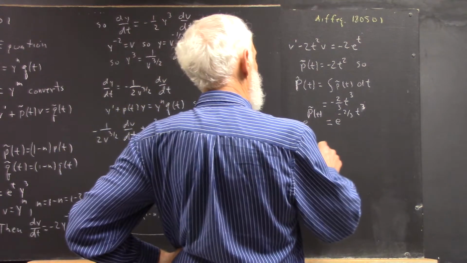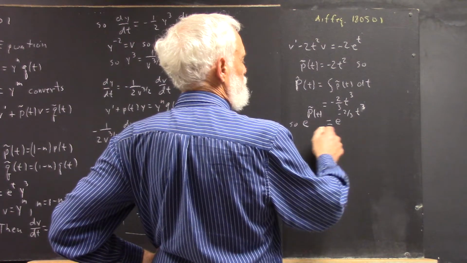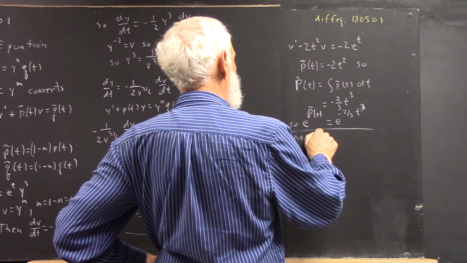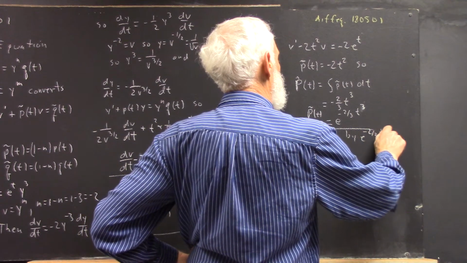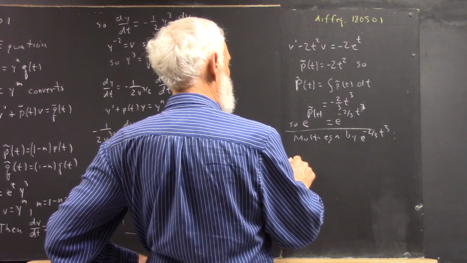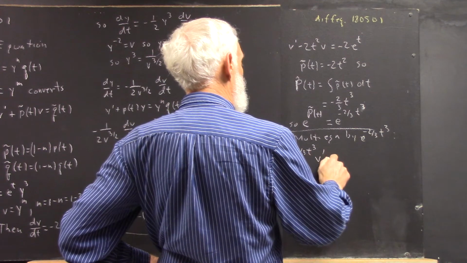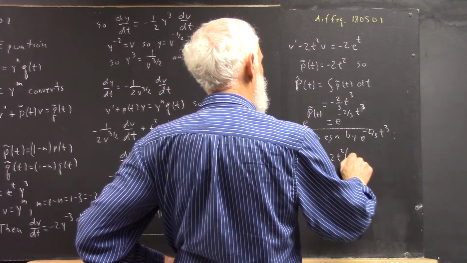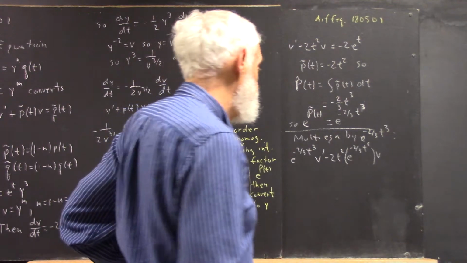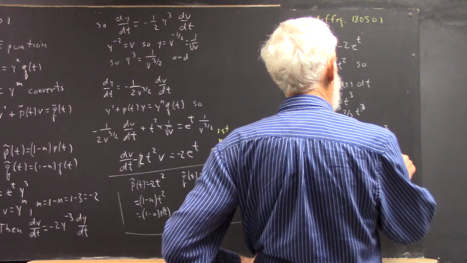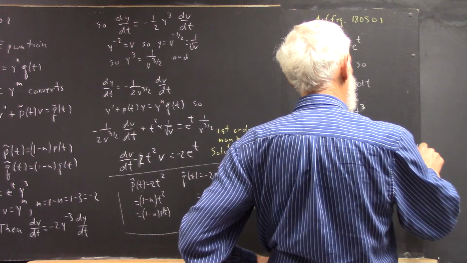So I'll just say multiply the equation by e to the negative 2/3 t cubed, and we get e to the negative 2/3 t cubed v prime minus 2t squared times e to the negative 2/3 t cubed v equals e to the negative 2/3 t cubed multiplied by negative 2e to the t.